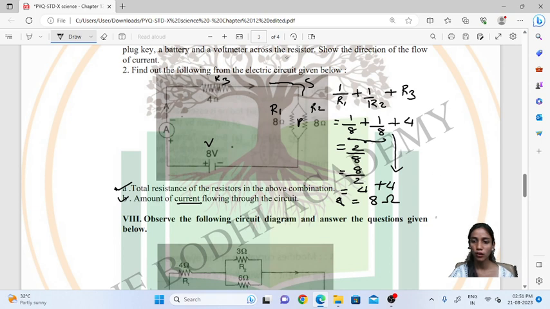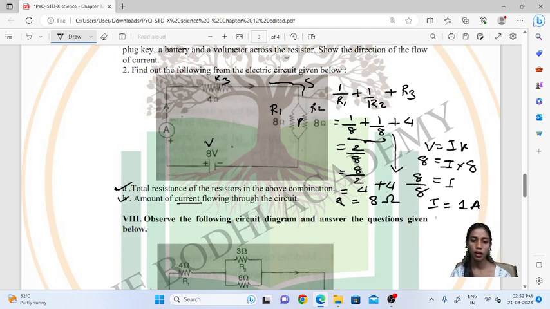I have to apply Ohm's law, which is V equals IR. V is 8 volts, I is what we need to find, and resistance is 8. So 8 upon 8 equals I, so I equals 1 ampere. So the current in the circuit is 1 ampere.